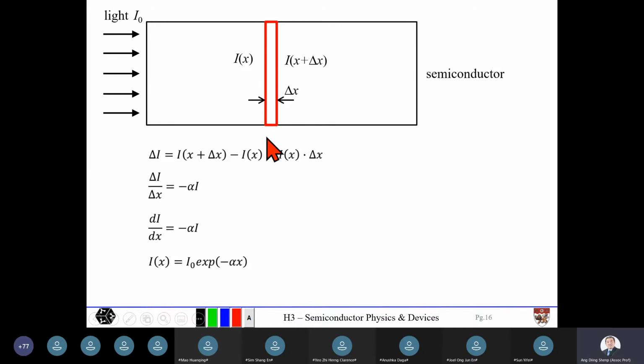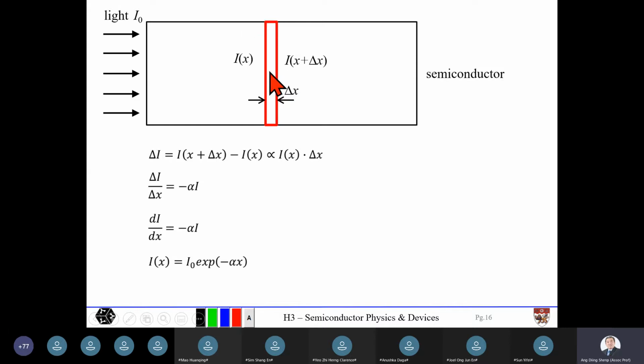Lambert's law simply states that the decrease in the light intensity at a particular distance x inside the semiconductor is directly proportional to the amount of light intensity at that particular position. That is the basis of Lambert's law.